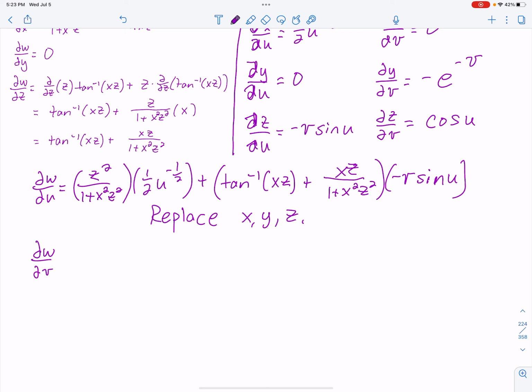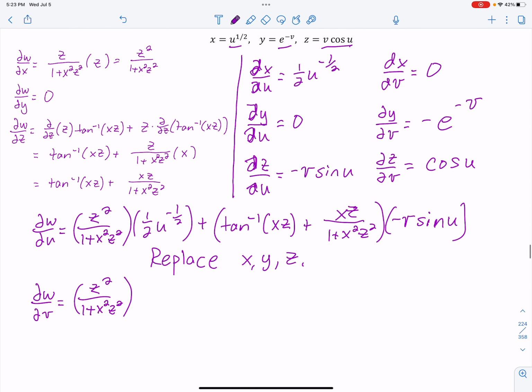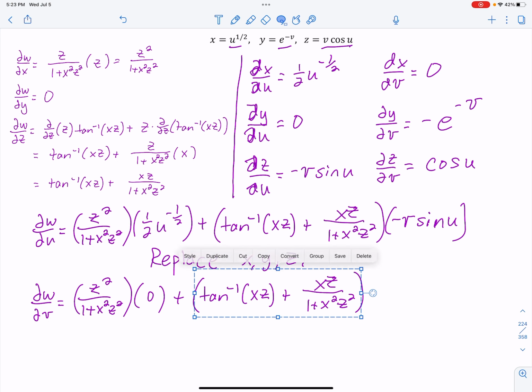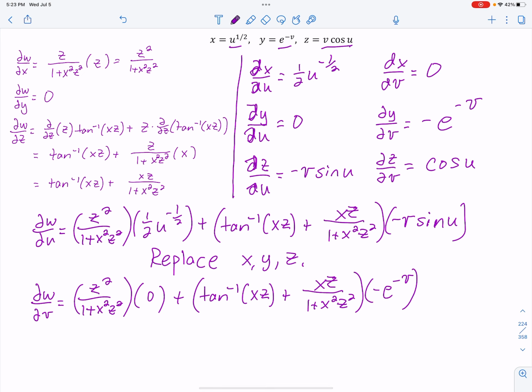Okay, so dw dv now. It's the same thing here. I'm just going to go up and snag these. I have that times 0. Then I have this thing times the second, which is negative e to the negative v.